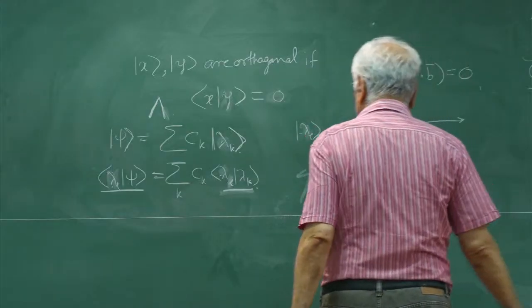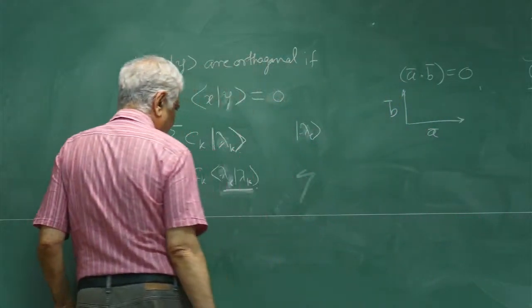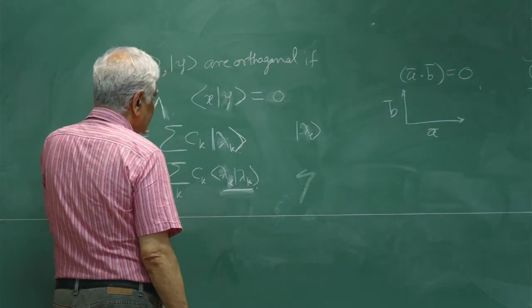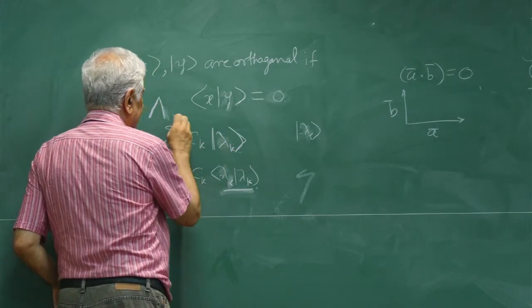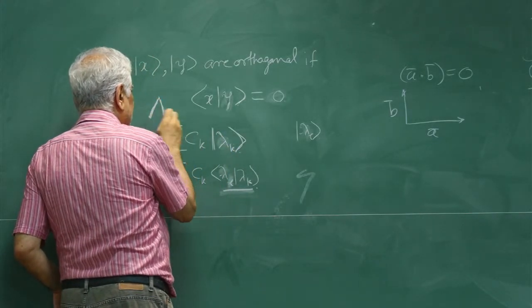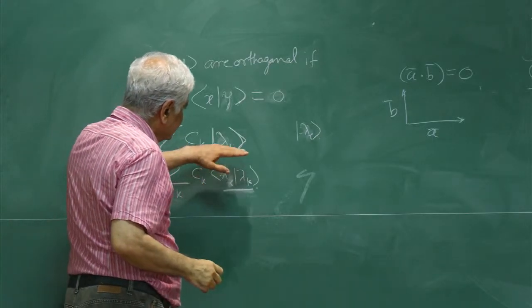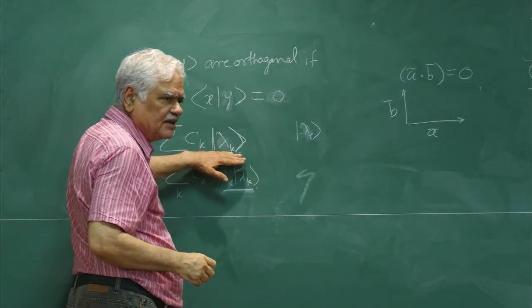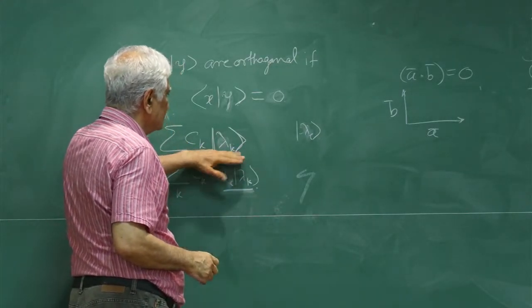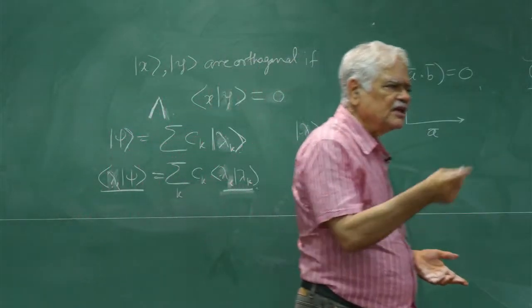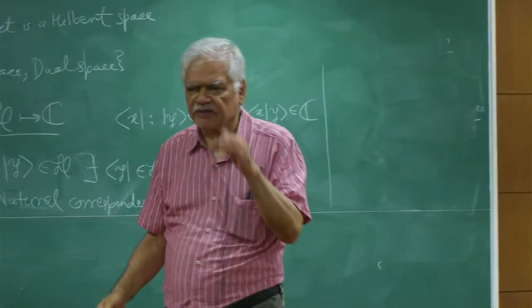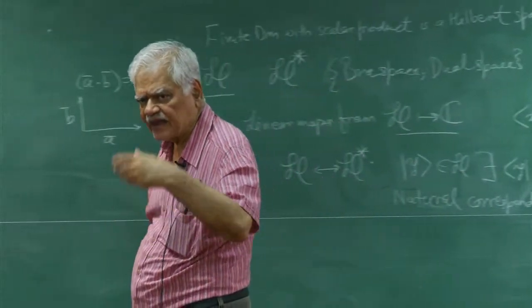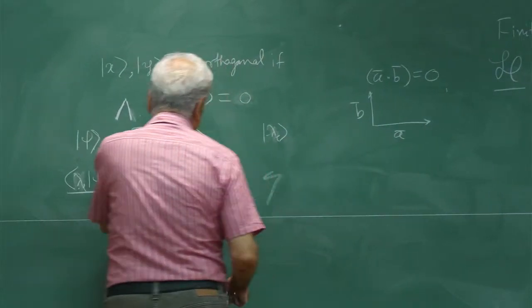Okay, let me impose this particular condition: to start with, let this basis form a basis, and we assume that this is an orthogonal basis. Orthogonal basis means any two states in that basis are orthogonal. Let me impose it and then I'll come back to it.